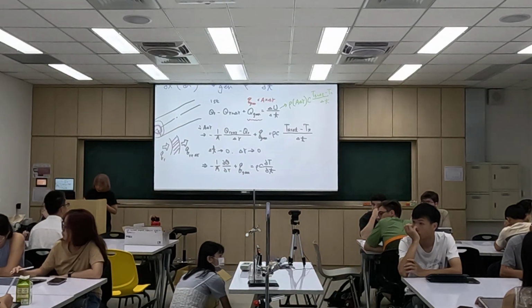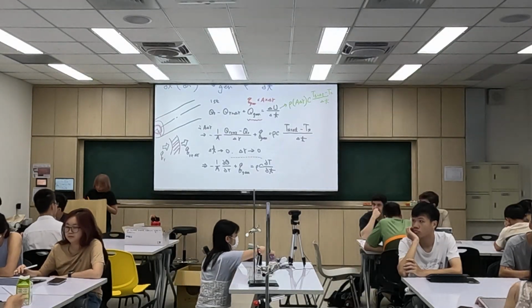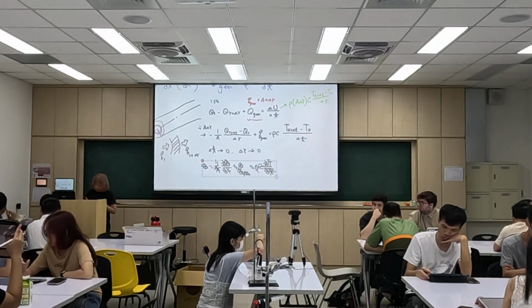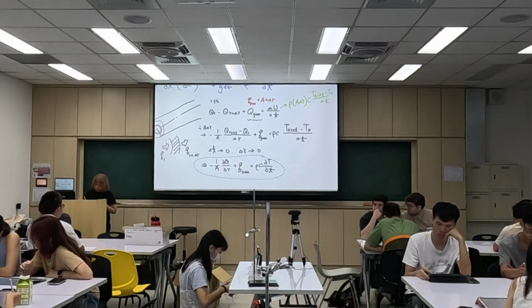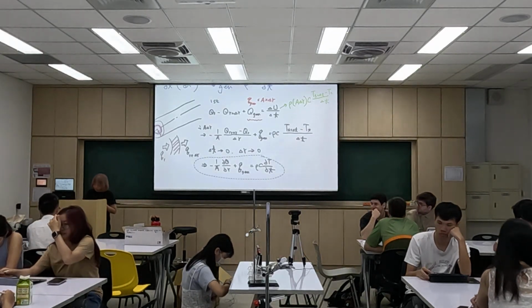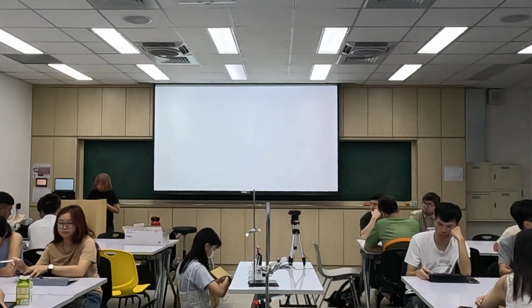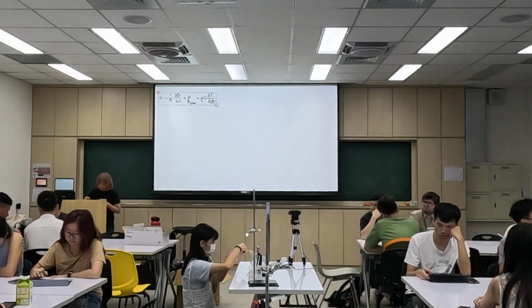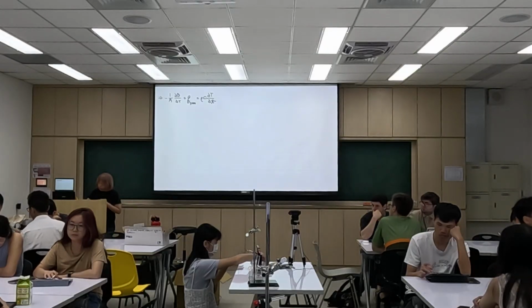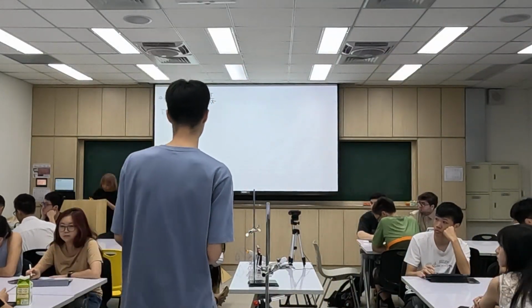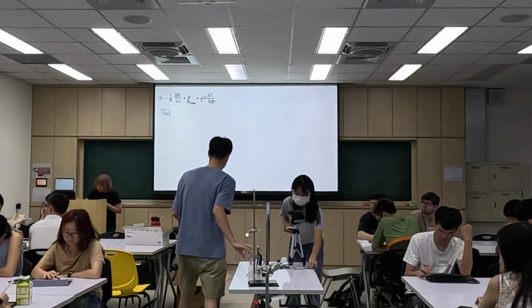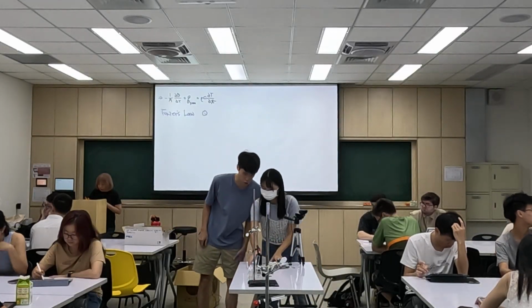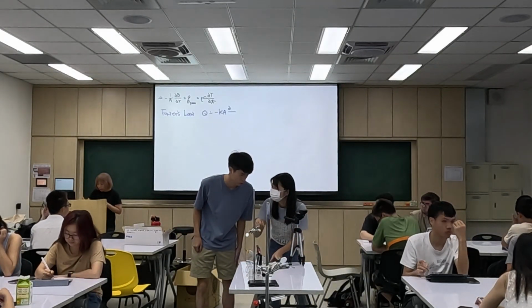Okay, we take another page. Then if you recall the Fourier law, the Q equals minus K A partial T partial r.